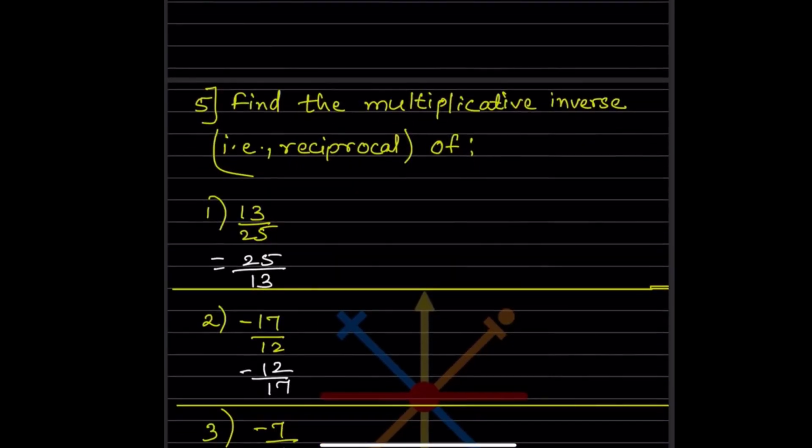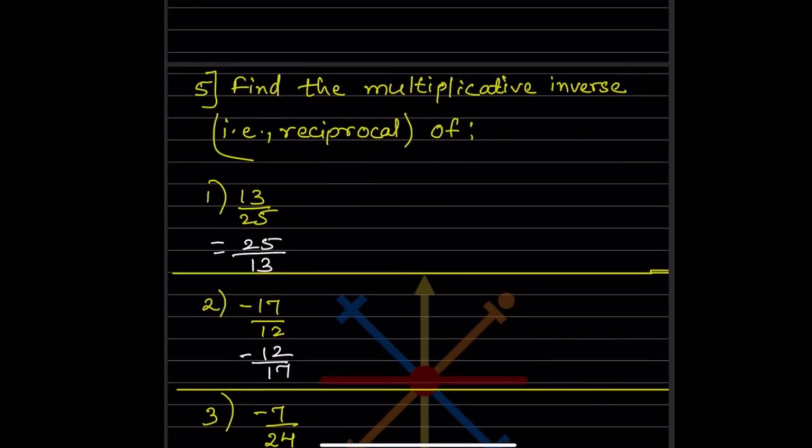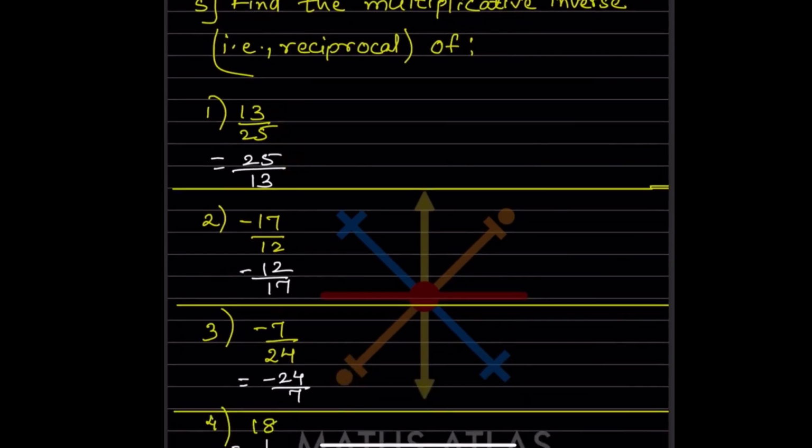Now you have to find the multiplicative inverse, that is the reciprocal, of the following. So here 13 by 25. Whenever we say the multiplicative inverse, it means the reciprocal, so this will go up and this will come here. So that will be 25 by 13. Here again the same, but you write minus here, because this is minus 12 by 17.